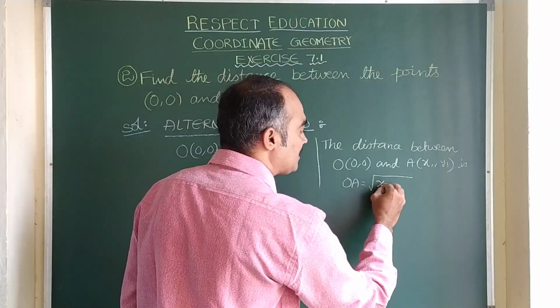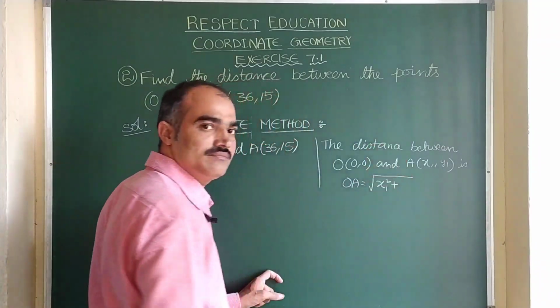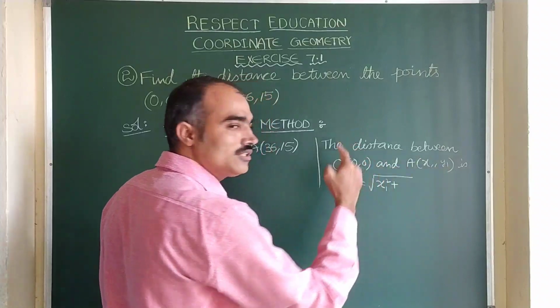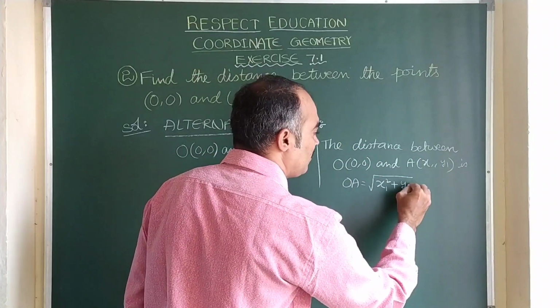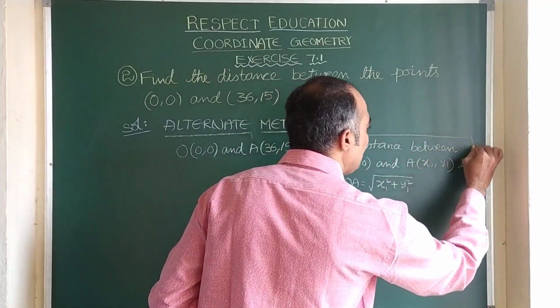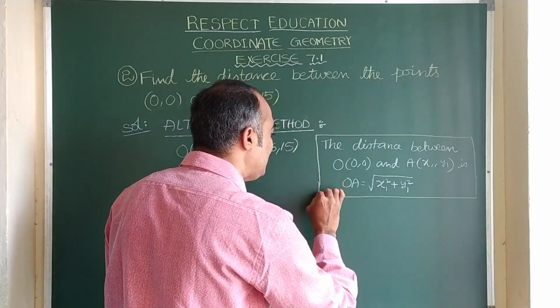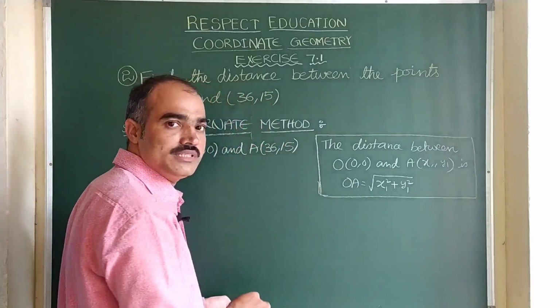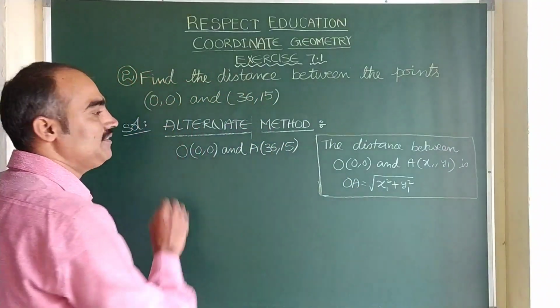So we can write x1 square plus (y1 minus 0) whole square, which means y1 square. So we can apply this short formula for solving especially these kinds of problems in which the origin is given.